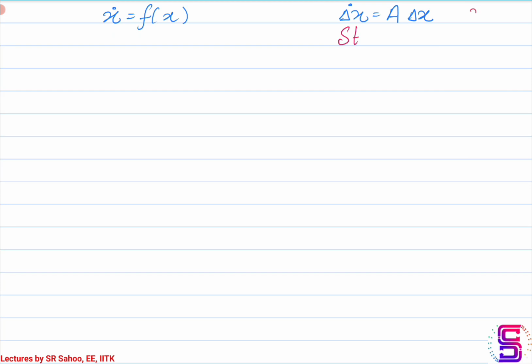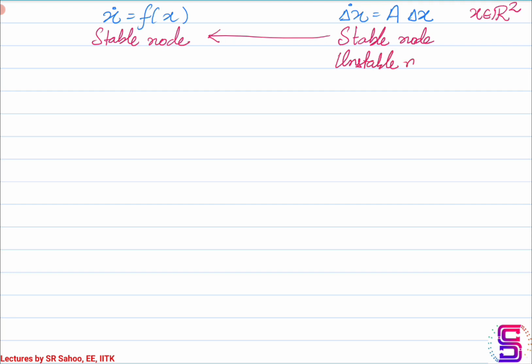This is for the case when x belongs to R2, so it's considering a two-dimensional system. A stable node implies that the equilibrium point under consideration is also a stable node. An unstable node implies that the equilibrium point under consideration for the nonlinear system is an unstable node.